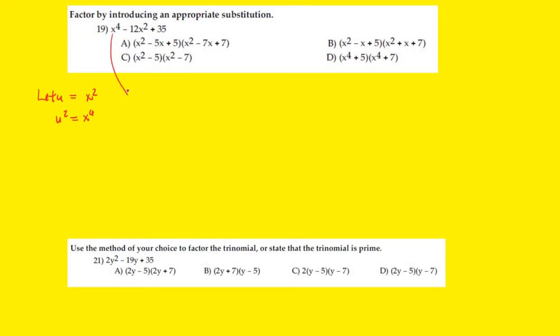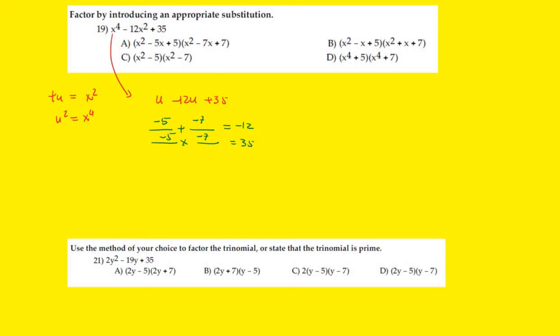Now you reduce this polynomial into u squared minus 12u plus 35, and then you do the same factorization as usual: which two numbers add up to -12 and multiply to give 35. We know the factors of 35, and both have to be negative because 35 is positive but 12 is negative. It's 5 and 7, so -5 and -7.